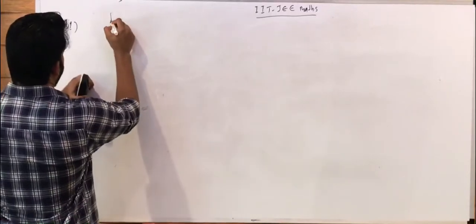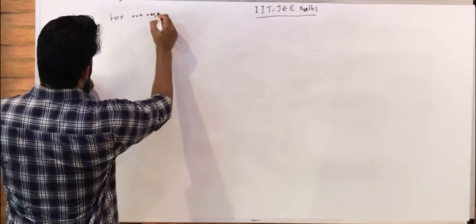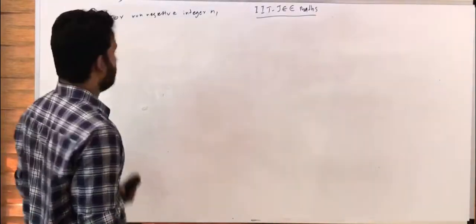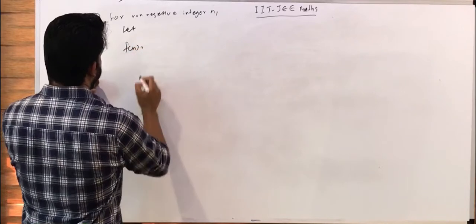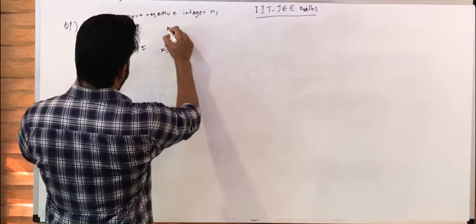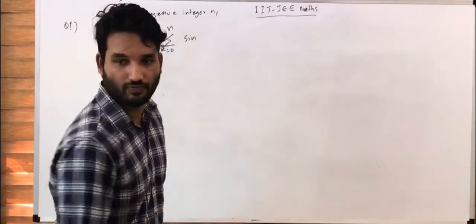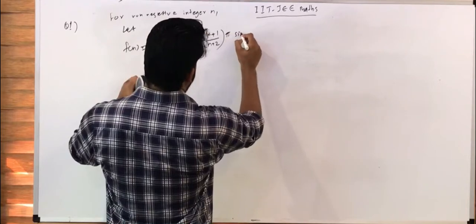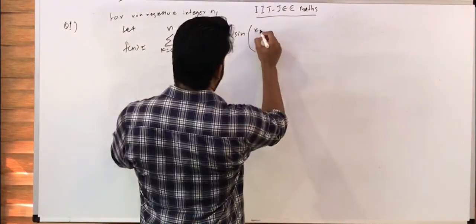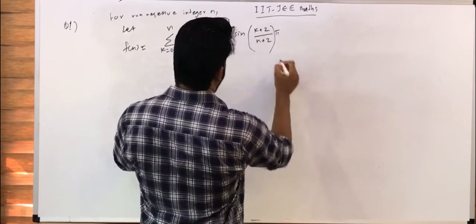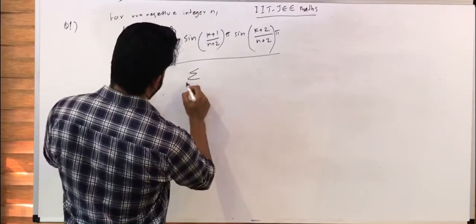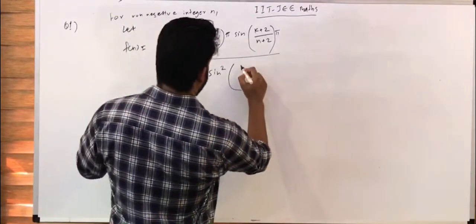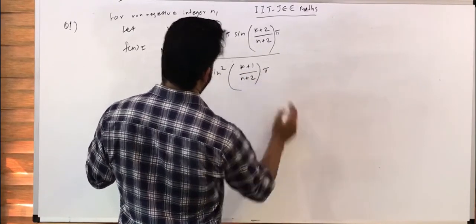Next question is, for non-negative integer n, let f of n be given as the sum, k varies from 0 to n, of sine of (k plus 1) divided by (n plus 2) into pi, into sine of (k plus 2) divided by (n plus 2) into pi, all divided by the sum, k varies from 0 to n, of sine square of (k plus 1) divided by (n plus 2) into pi.